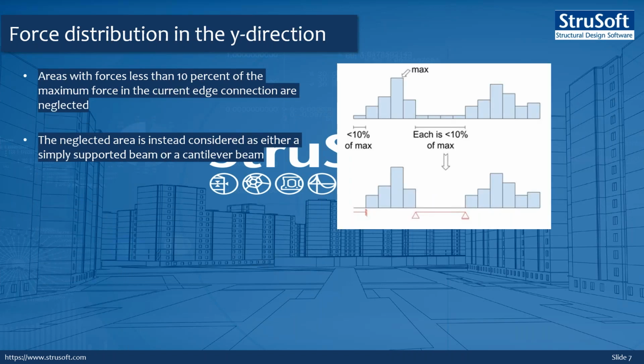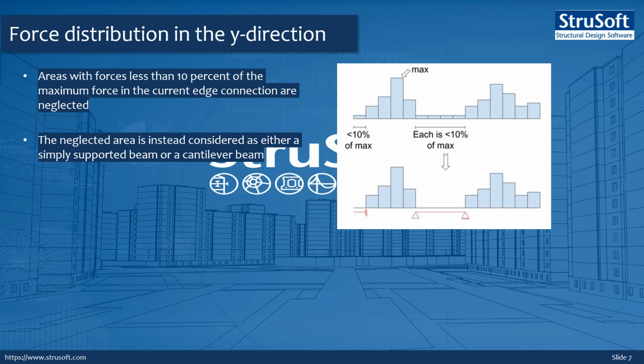And to prevent that this new distribution, either the elastic or plastic distribution, will give us high values above, for example, openings in walls, we have decided to neglect areas that have a value of 10% less than the maximum value in that particular edge connection.